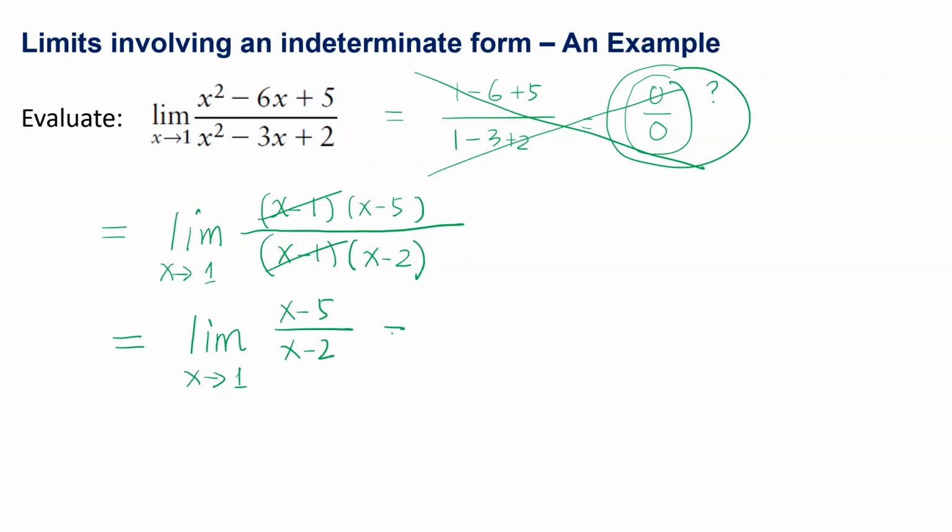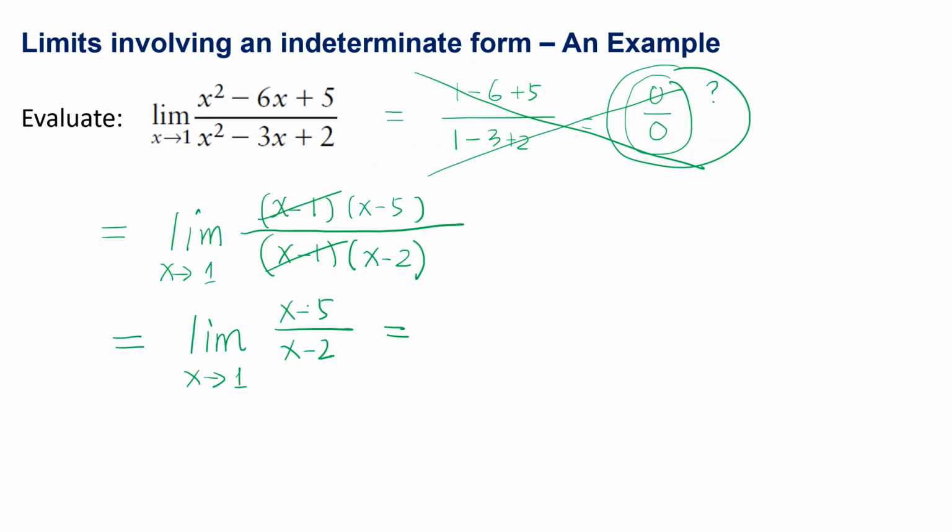Right? So now we can insert x equals 1 into this expression, because this expression is also a rational function, right? A rational function is continuous anywhere that it is defined. Therefore, the limit of this function at a single point should equal the image of this function at this point.